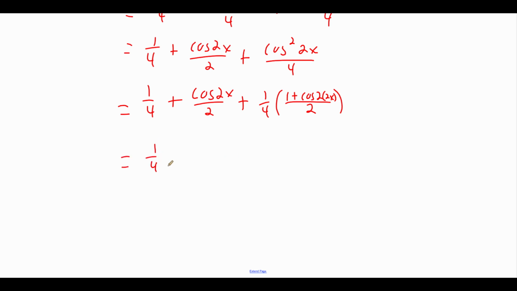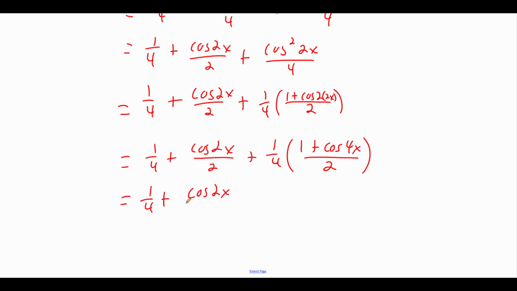So we're going to have 1/4 plus the cosine of 2x over 2 plus 1/4 times 1 plus the cosine of 4x over 2. But now inside of our parentheses, we can actually split that fraction up as well. So we can make this 1/2 plus the cosine of 4x over 2.